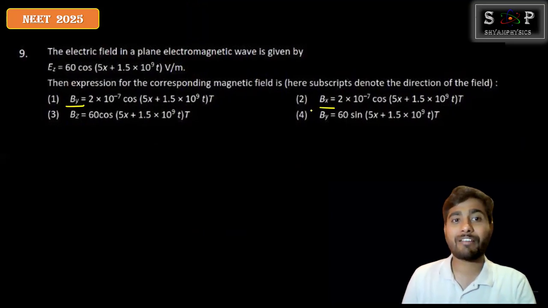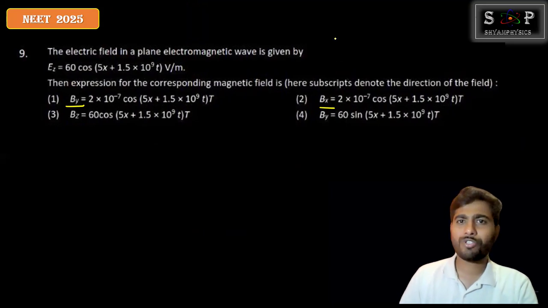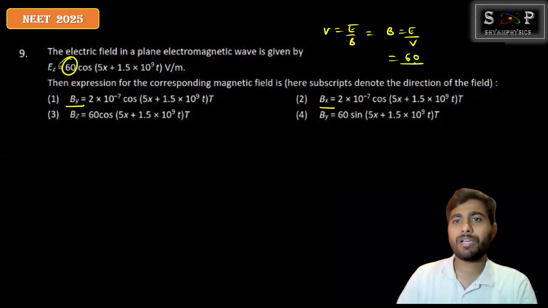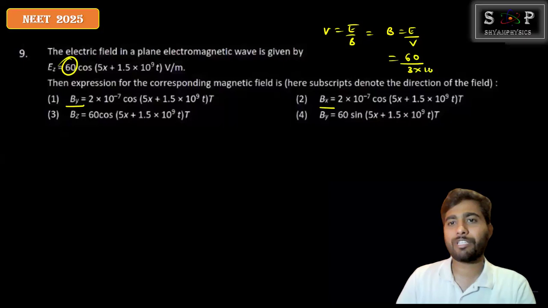Next we need to calculate the magnetic field magnitude. The magnitude, v is equal to E by B, or else B is equal to E by v. E value is 60, this is the maximum value. v value is 3 into 10 to the power 8.